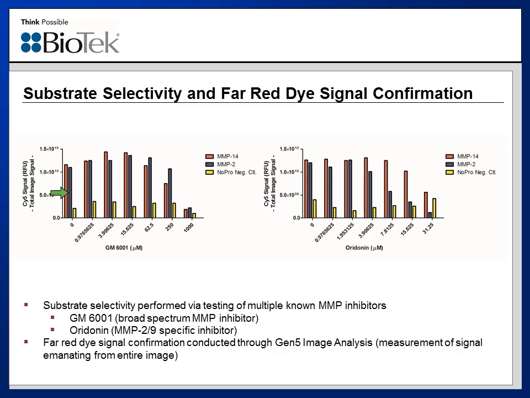However, the dose-dependent decrease with the addition of oridonin is only seen in the results from the MMP2 substrate, shown in blue. And then again, there's really no appreciable change shown with the bars in red from the MMP14 substrate. And this again confirms that accurate results can be achieved when combining the NSense assay components with the 3D tumor invasion procedure.